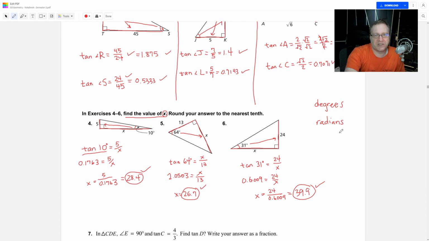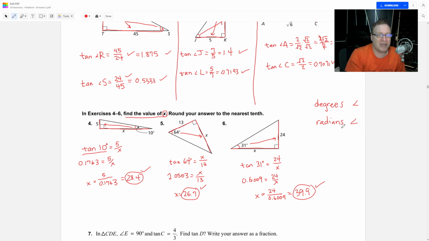I don't want to explain everything about it right now, but these are just two different ways of measuring angles. We can say that an angle is 30 degrees, or we could say an angle is 3 radians or 7.5 radians or something like that. They're just two different ways, but they are different.